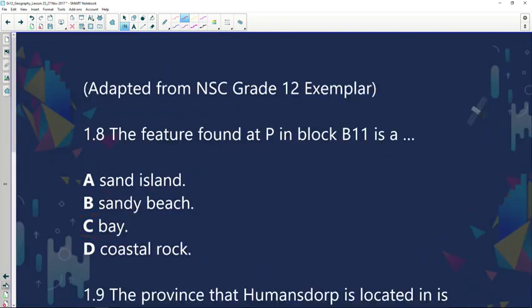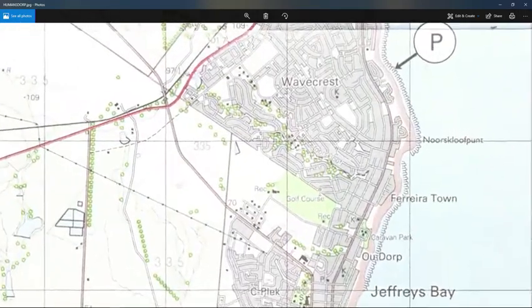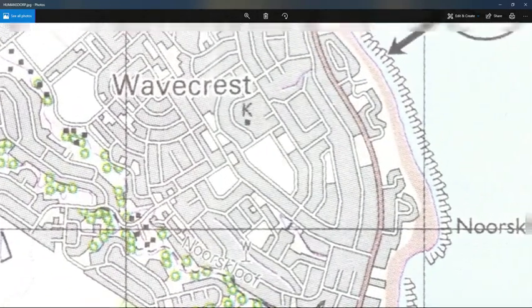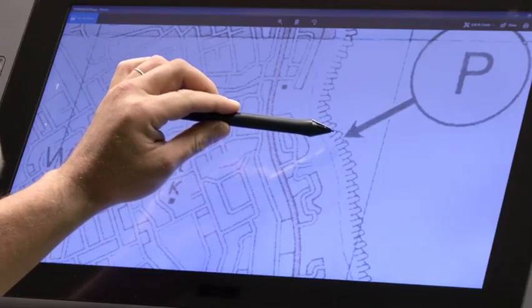1.8. The feature found at P in block B11 is A. Now let's go and have a look quickly. P in block B11. Okay, now as you can see, once again, we will have to use our references to know what P actually indicates.